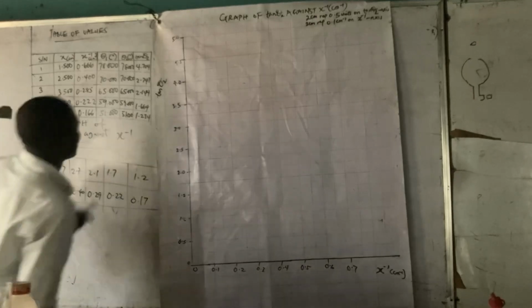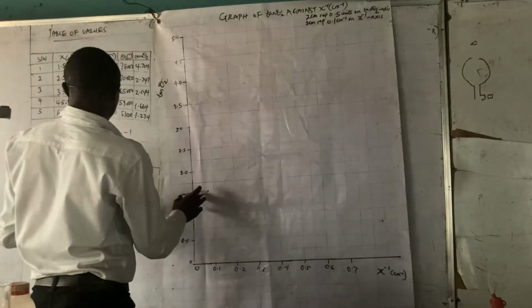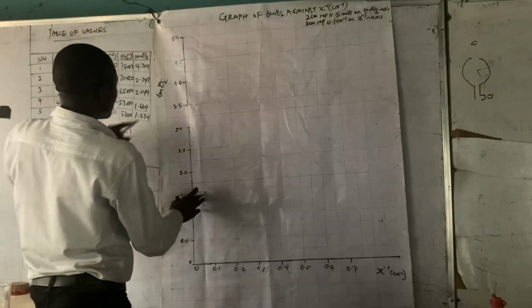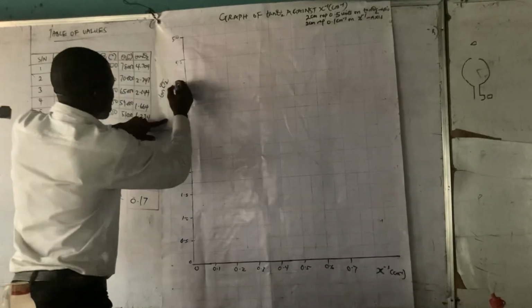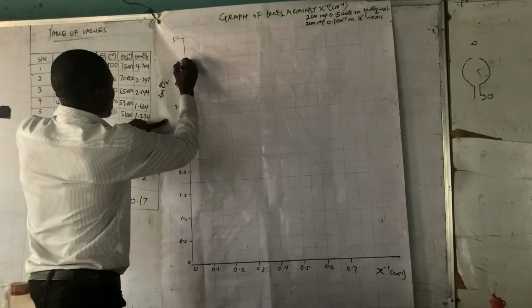0.17. Now the first point here is 4.67 rather, or 4.7. Don't forget that this is 4.0, this is 4.5.